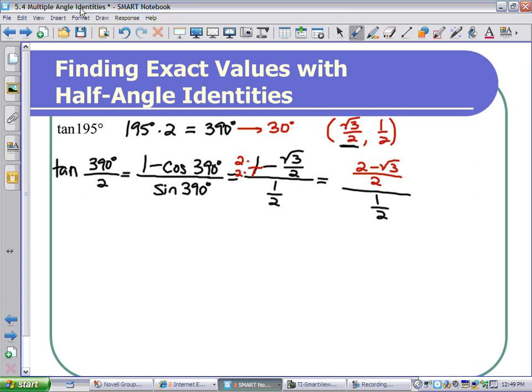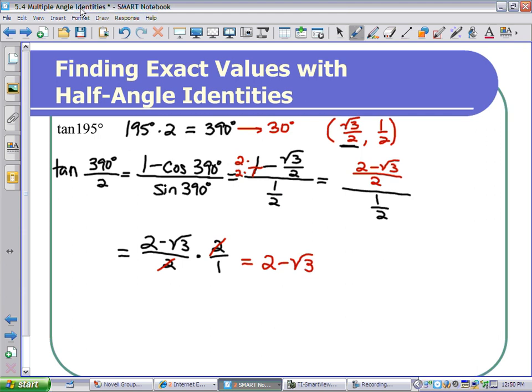Well, this means flip and multiply when you have a fraction within a fraction. So here I get 2 minus the square root of 3 over 2 divided by 1/2, or multiplied by the reciprocal, which is 2 over 1. And that means that the 2 in the denominator and the 2 in the numerator are going to cancel. And my end result is going to be 2 minus the square root of 3.